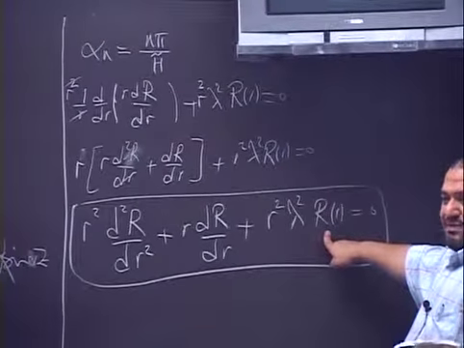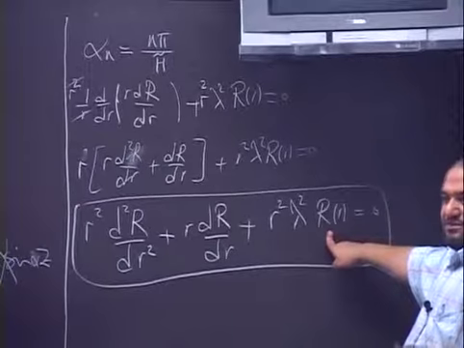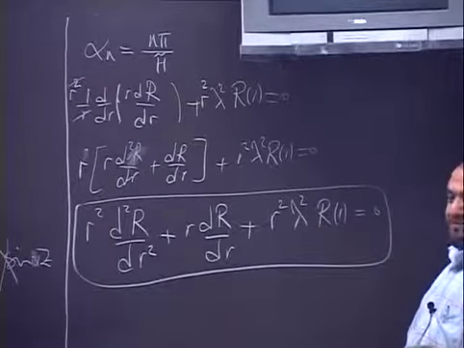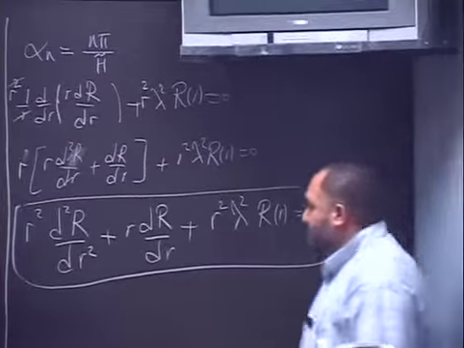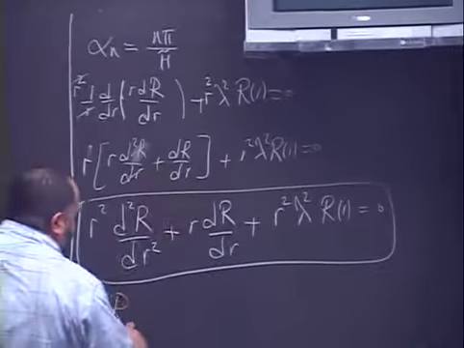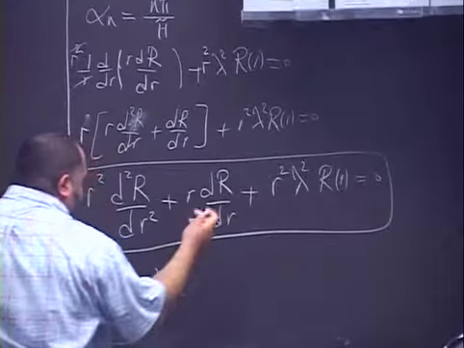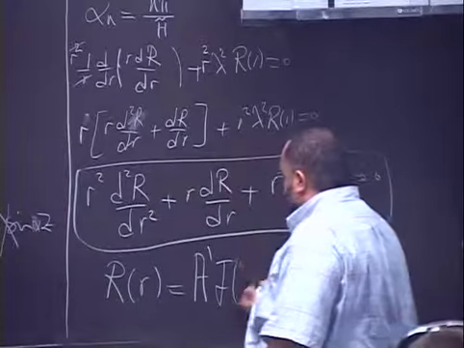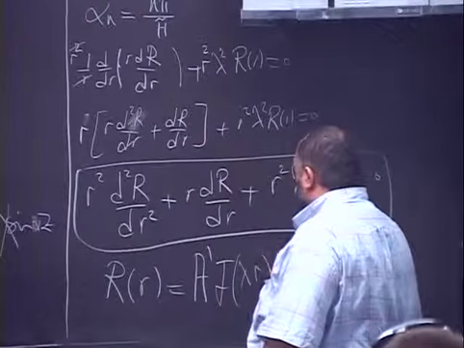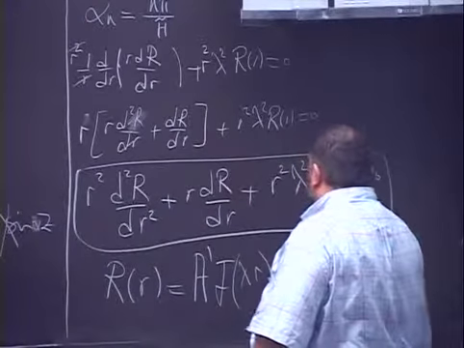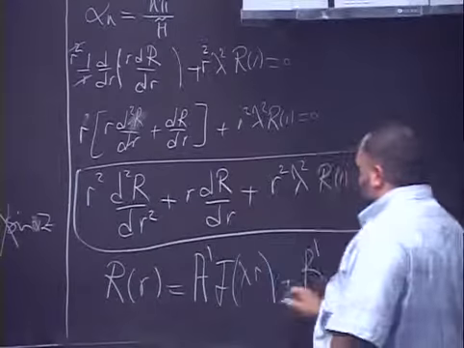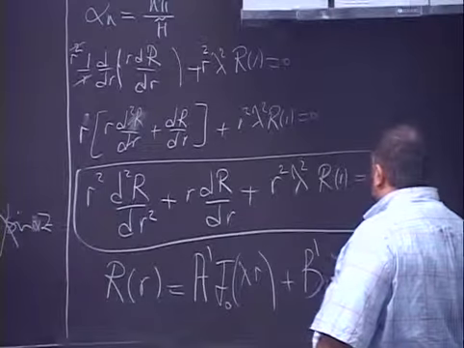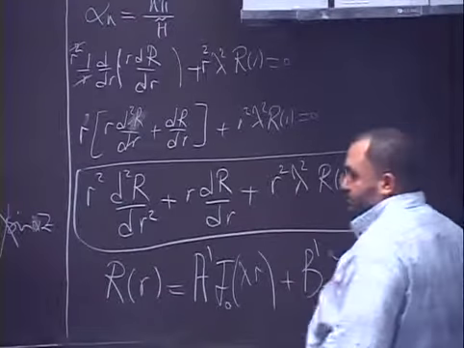So I will get the Bessel function of the 0th order. But will I get the Bessel or the modified Bessel? Bessel function. So the solution R of r will be just two constants, A prime multiplied by J0 of lambda r plus B prime multiplied by Y0 of lambda r. So this is the solution.